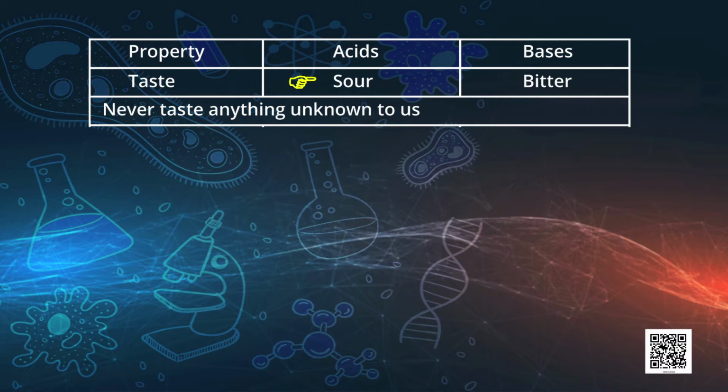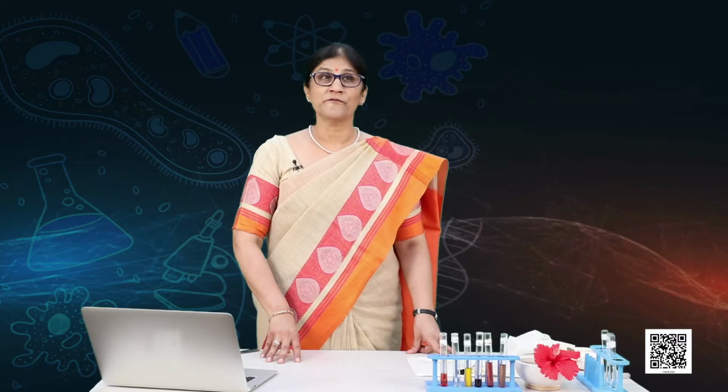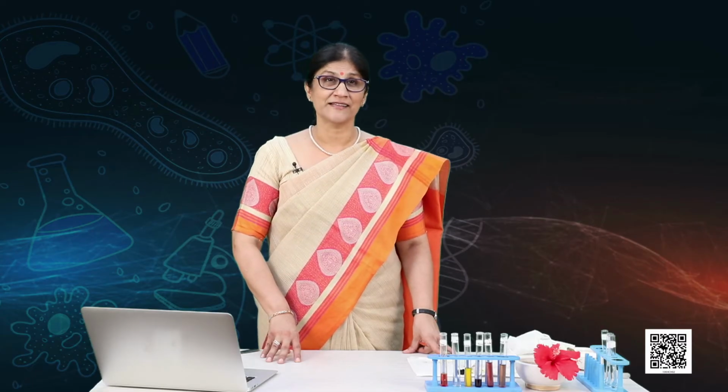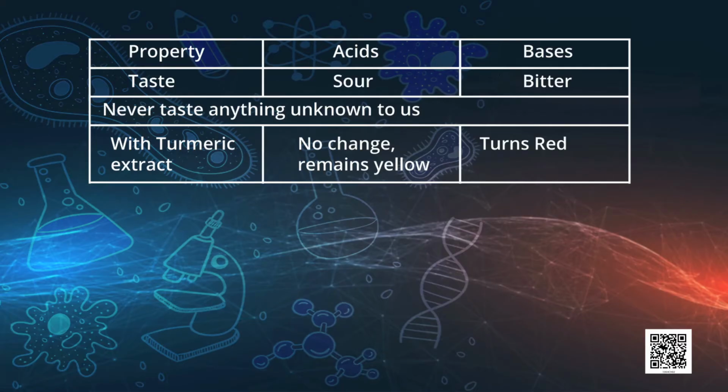The base tastes bitter. And I would like to tell you that we should never taste anything that is unknown to us. That is the first rule of being a scientist. Unless you know something, please do not put it in your mouth. Okay. So the first property we studied about acids and bases was sour and bitter.